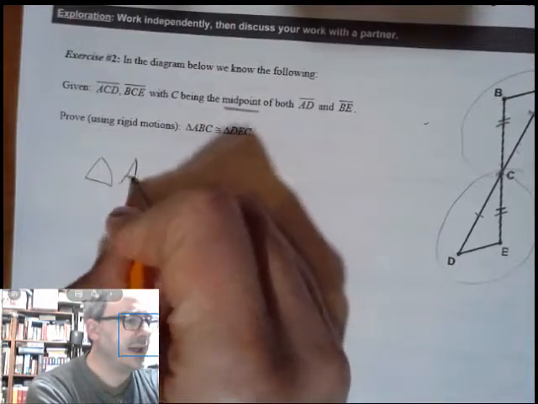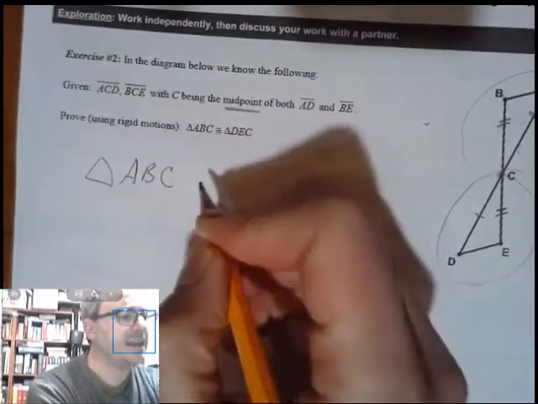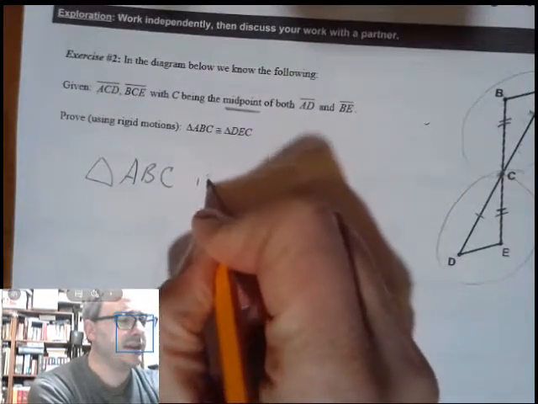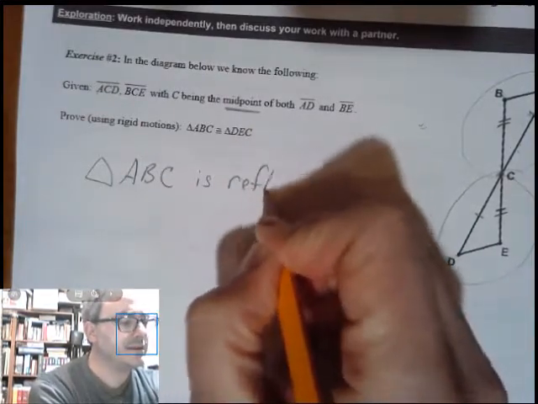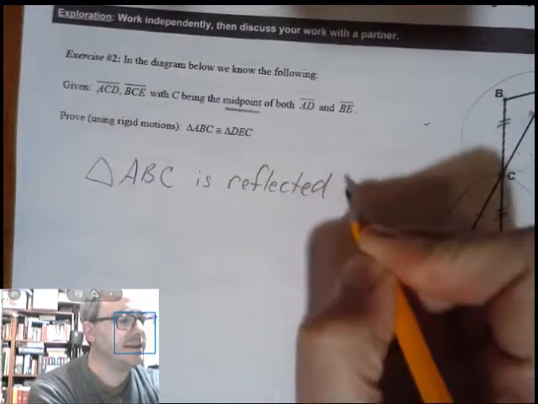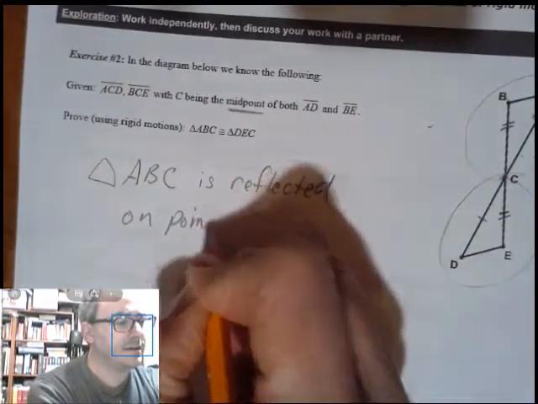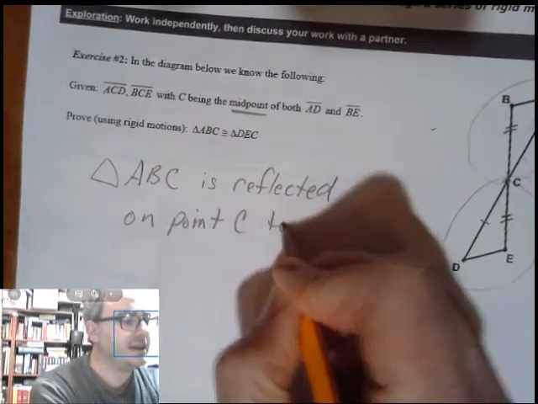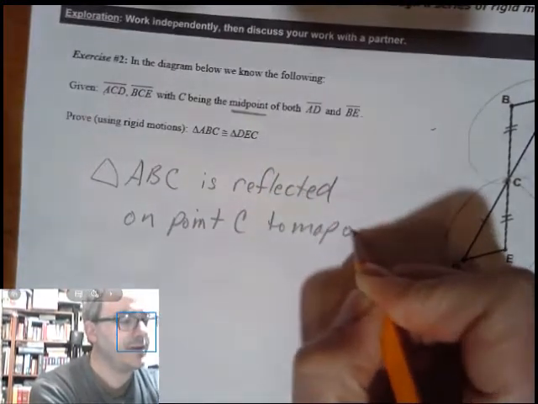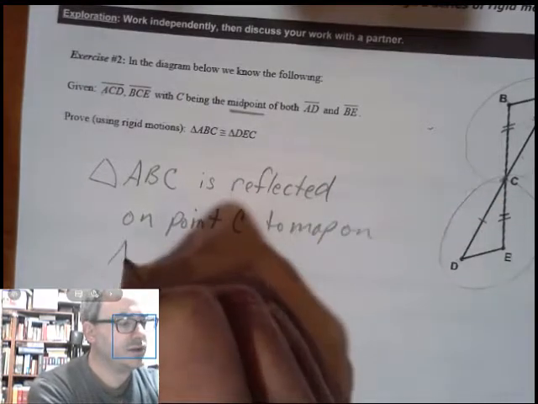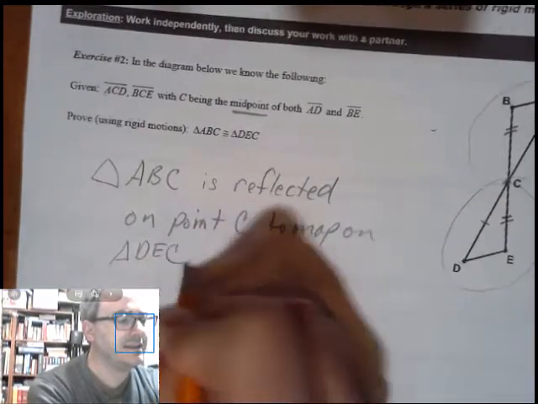Triangle ABC is reflected on point C to map on triangle DEC.